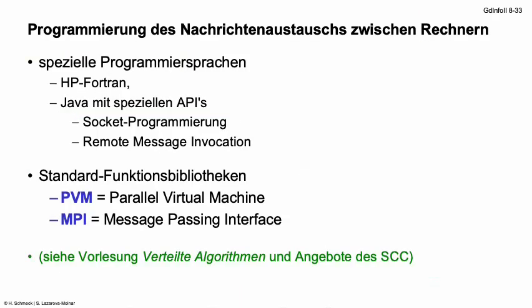As we saw, the parallelization is often achieved through exchange of messages between the computers, as it was done in UltraSPARC or the multiprocessor Macs. This is achieved mainly in two different ways. One is through special programming languages that enable this, like HP Fortran or Java with the special APIs, which allow socket programming or remote method invocation.